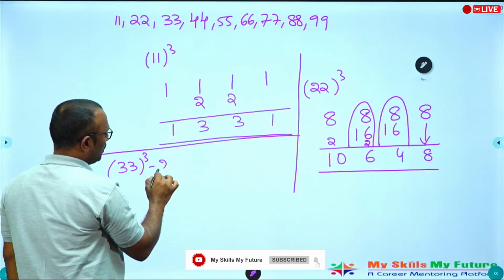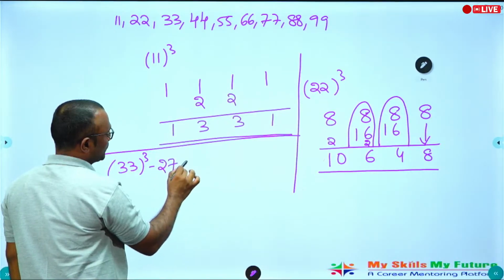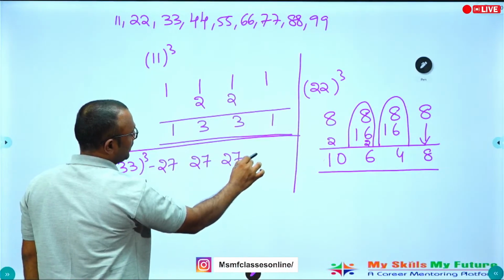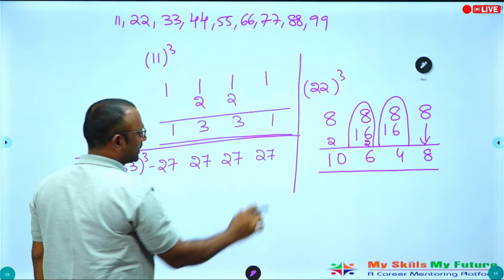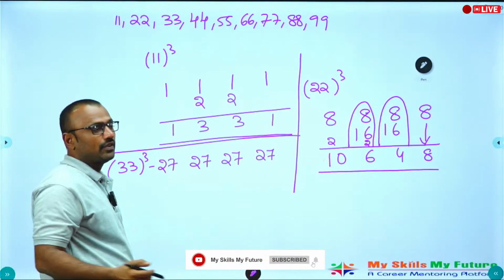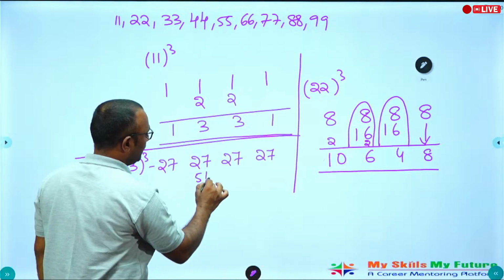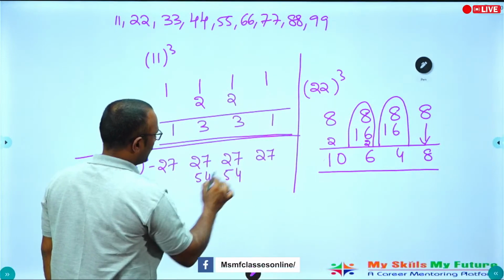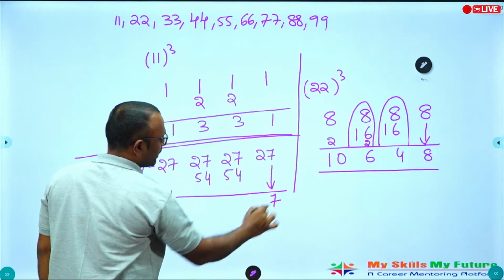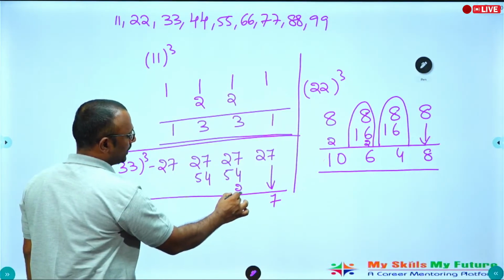Write 3 cube 4 times: 27, 27, 27, 27. Twice the middle number, 27 twice we get 54, 54. Take the unit digit 7 here and send 2 here.